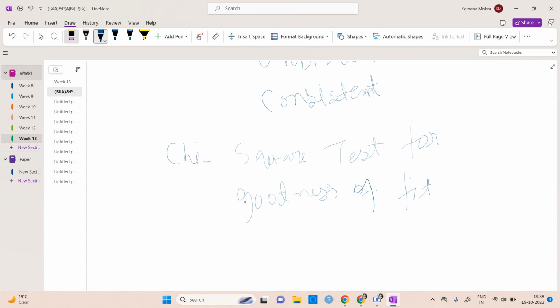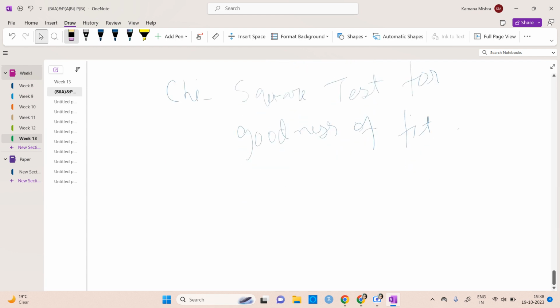Goodness of fit itself says what we want to do. What we want to do is that we are fitting, let's say, any parameter. So at the time of distribution fitting, let's say you have values and you are fitting a distribution. Then to check how good it is, we use this chi-square test. Okay.